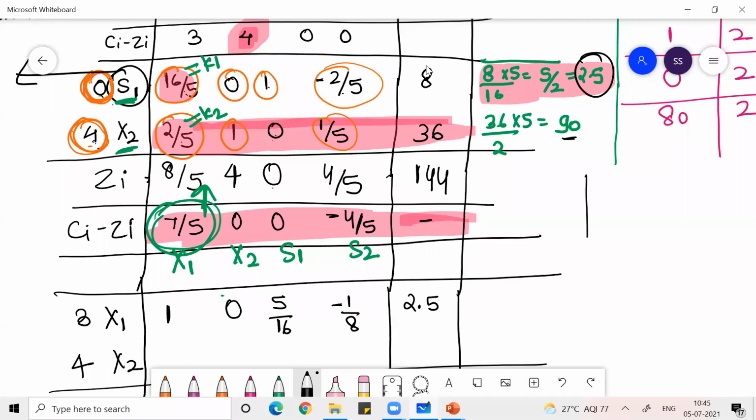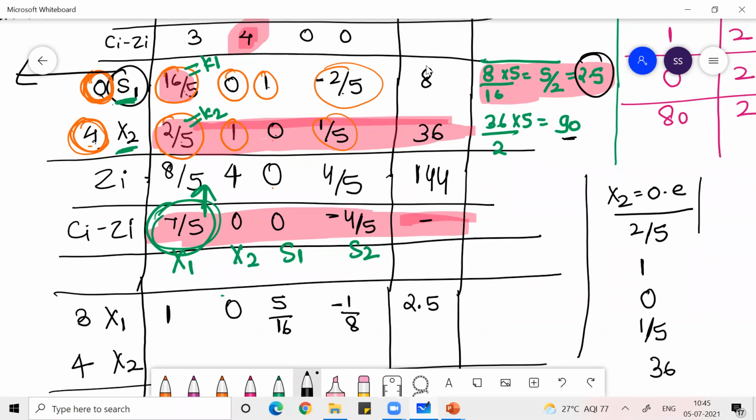Similarly, now if I see for x2, the old elements of x2 are 2 by 5, then 1, then 0, then 1 by 5, then 36.